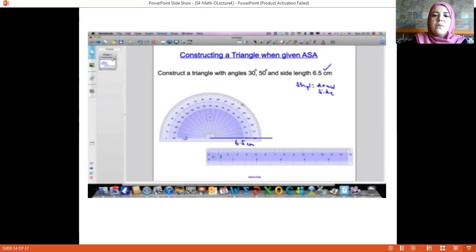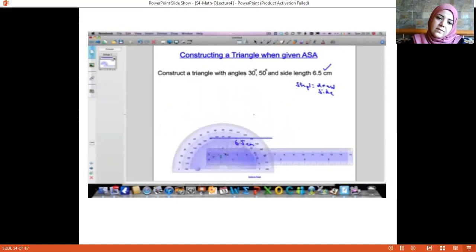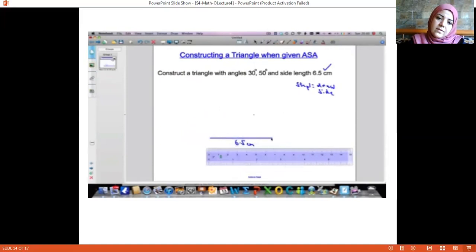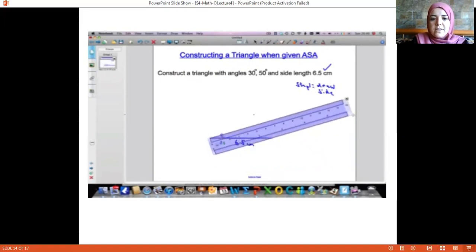Okay, so we remove now the protractor. To join the line with the point, the end points.